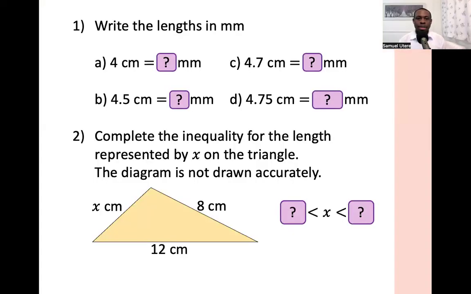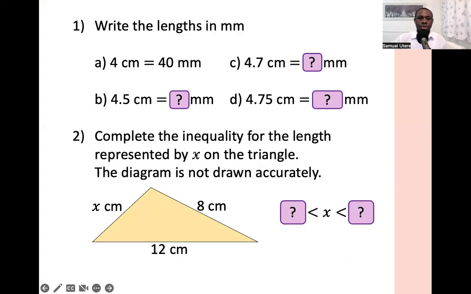Before we start, I would like you to pause the video and answer the retrieval practice questions in 2 minutes. Assuming you've paused the video and answered the retrieval practice questions, here are the answers. For the first one, you were asked to write the length in millimeters.